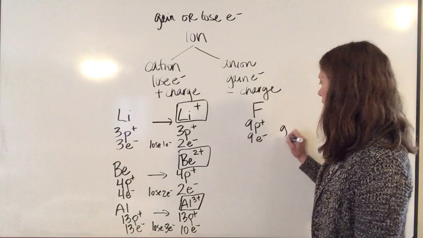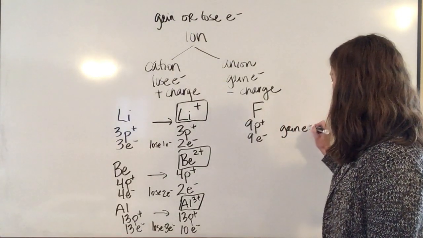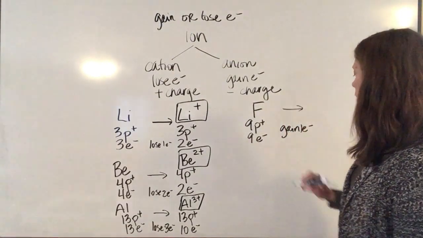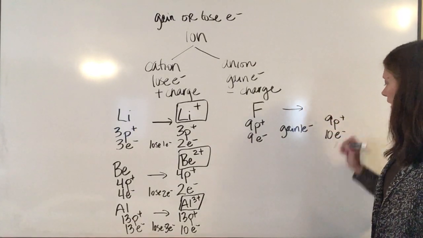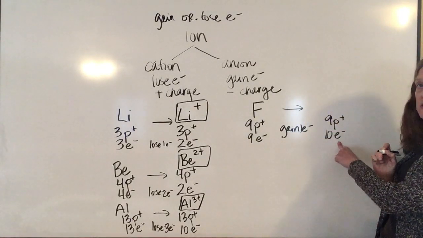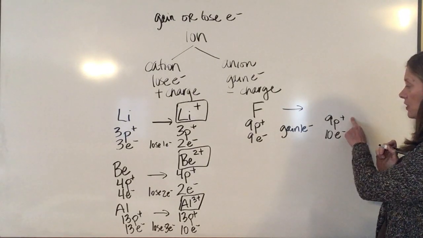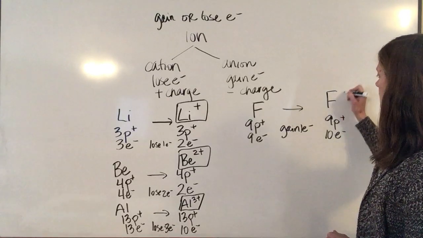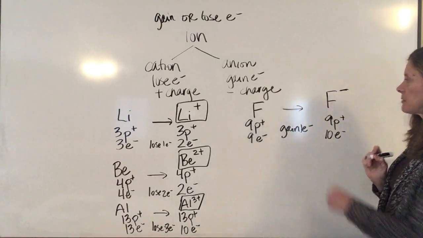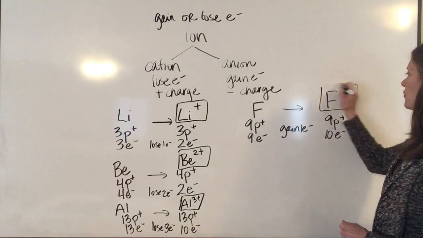But let's say that I'm going to gain 1 electron. So that means I'll have 9 protons and 10 electrons. Now I have an additional electron, so that means I have an extra negative charge. And so that means I'm going to have an F with the minus 1.